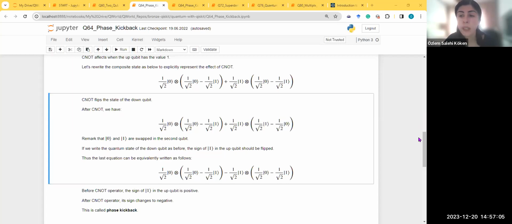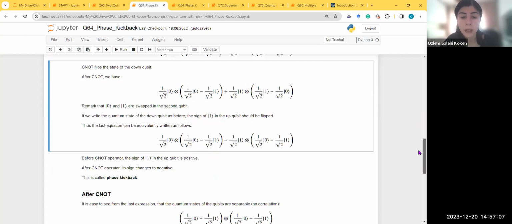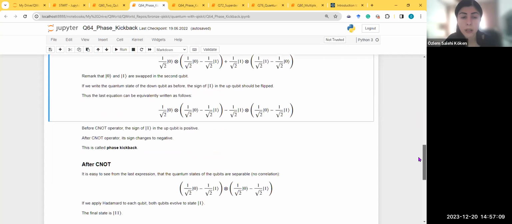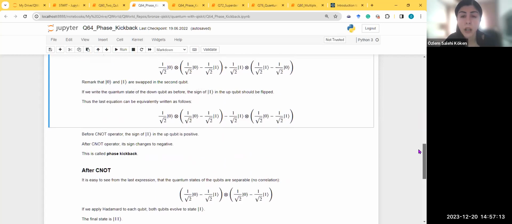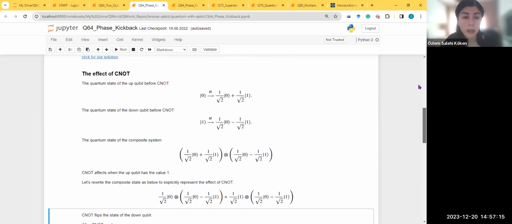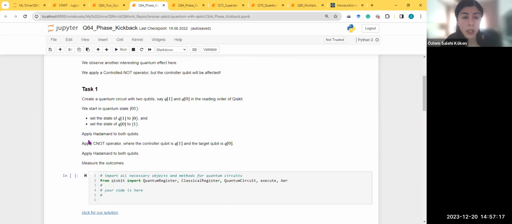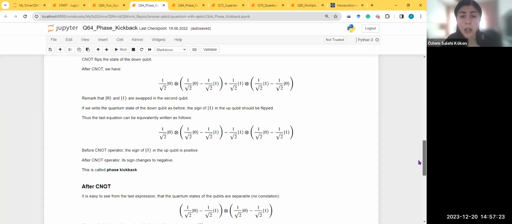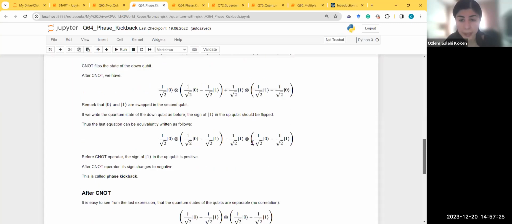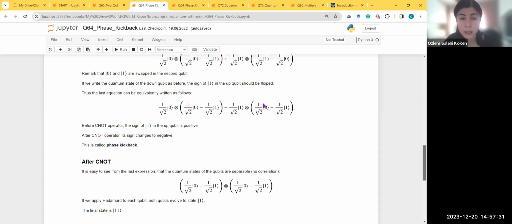Now we are going to apply Hadamard back to each qubit. Let's check what is written here: apply CNOT operator and apply Hadamard to both qubits. Okay, we were here. You can see that this state is equal to this state.